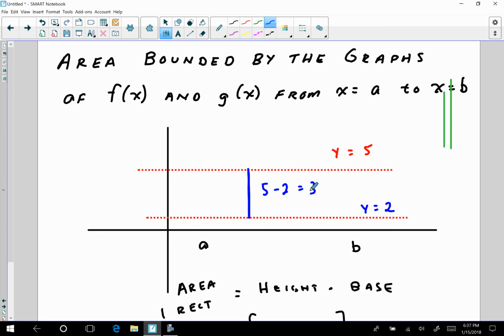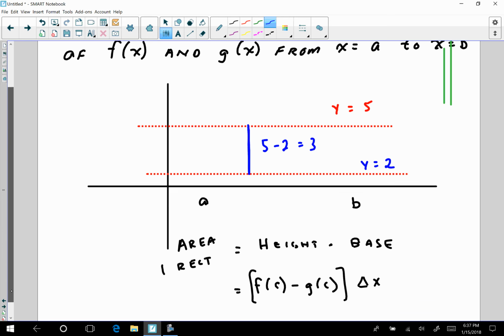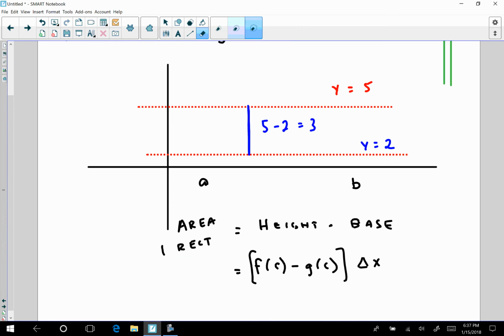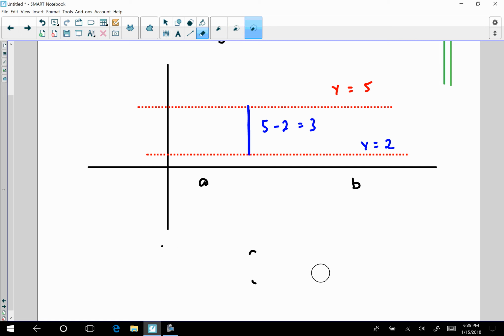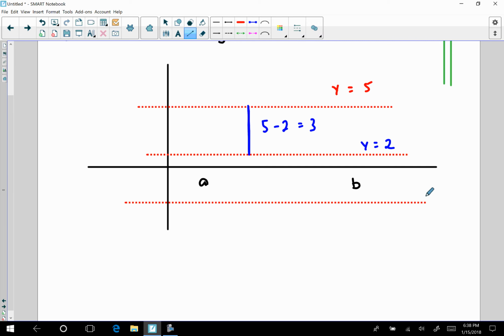So let's look at what would happen if I take those constant functions below the x-axis. Let me erase this for a moment, and let's sketch a function down here.